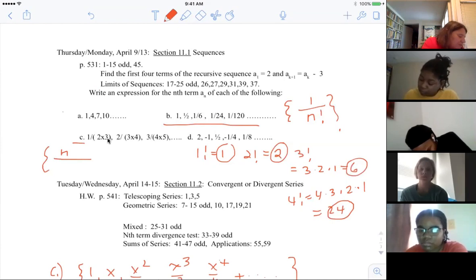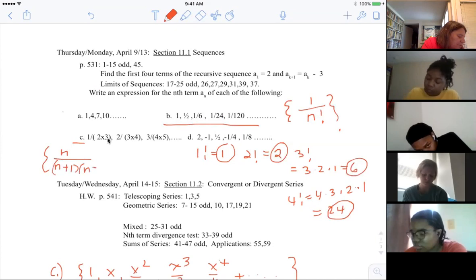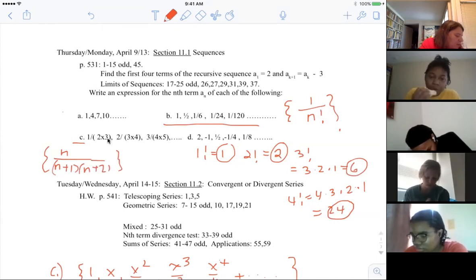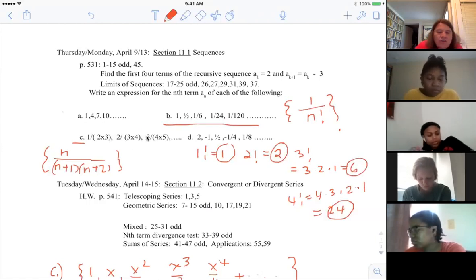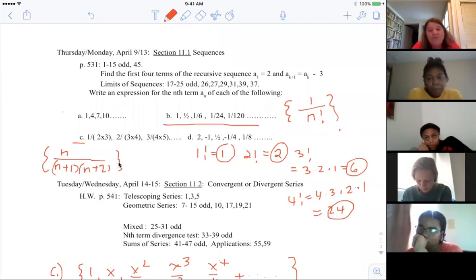So I think we said this was n plus 1 times n plus 2. So if I let n be 1, I get 1 over 2 times 3. If I let it be 2, I get 2 over 3 times 4. If I let it be 3, I get 3 over 4 times 5, and so on. So that's what that one looks like.